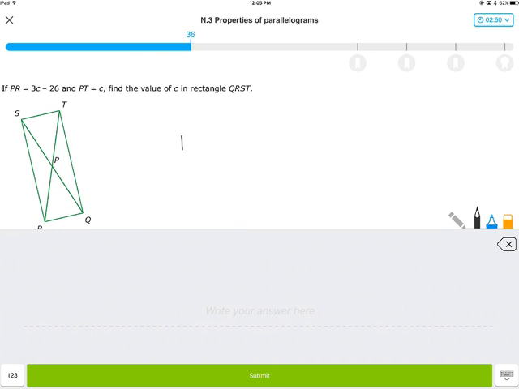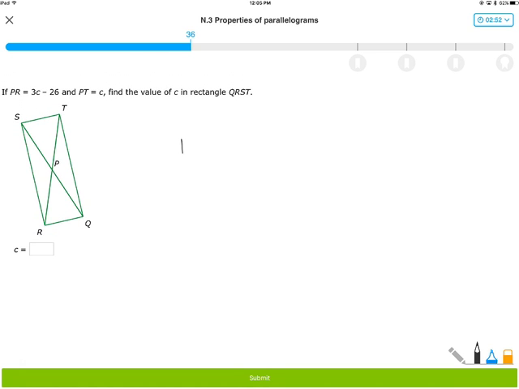Okay, so let's read this. We've got, if PR, so this one right here, is equal to this expression, and PT is equal to this other expression, then find the value of C. Notice that it's actually saying this is a rectangle. We will discuss later in more depth why a rectangle must always be a parallelogram, but right now let's just take it that it's a parallelogram.